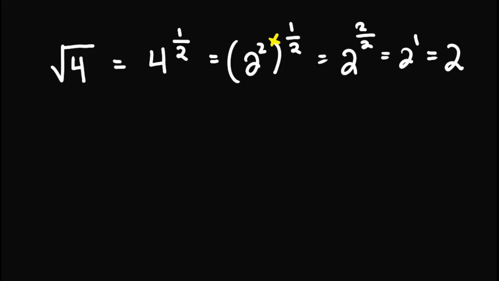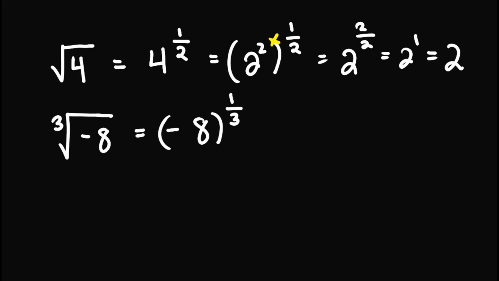Let's have another example. This is called the cube root of negative 8. So we can write this one as negative 8 raised to 1 over 3. And then note that negative 8 is equal to negative 2 times negative 2 times negative 2.